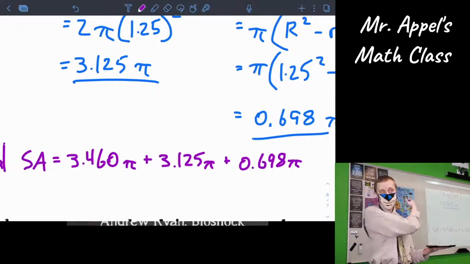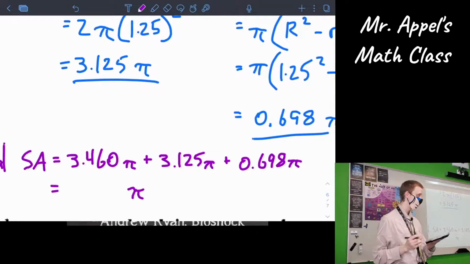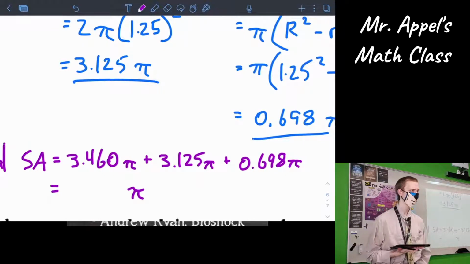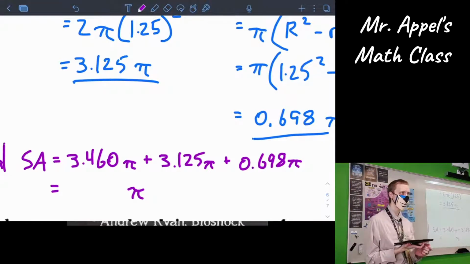And as predicted, we've got a pi in all of them, so we can factor that out. So just add those numbers together. And round to 2 decimal places, you get how many pi?